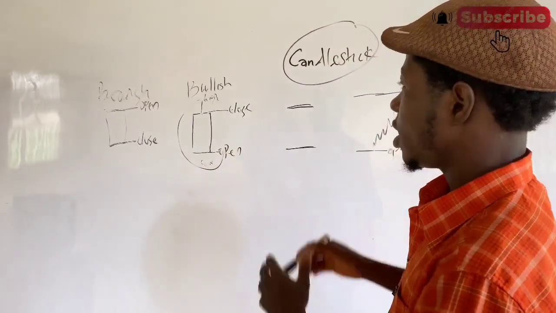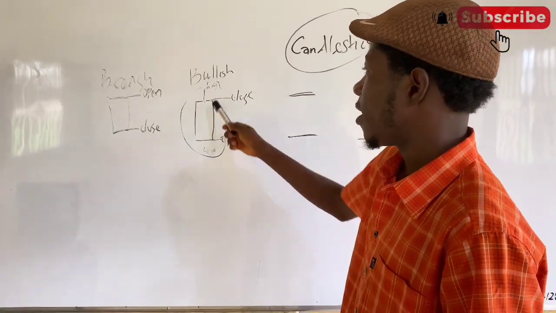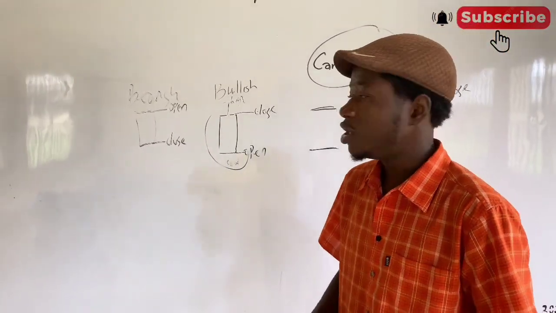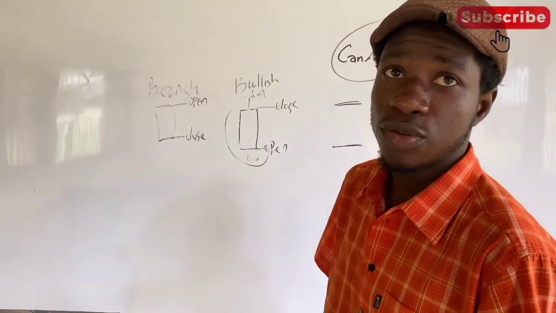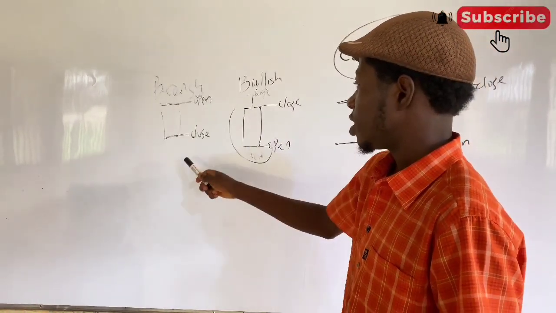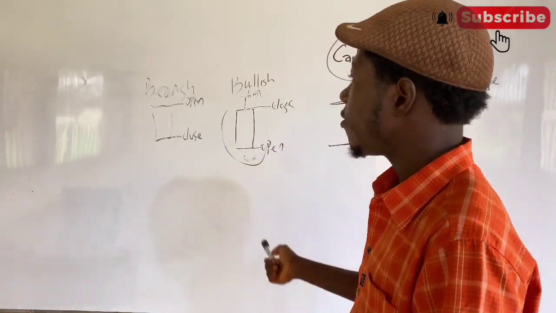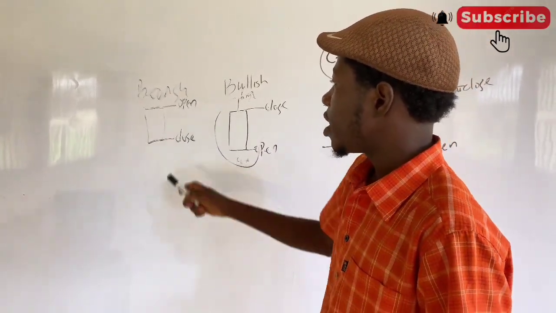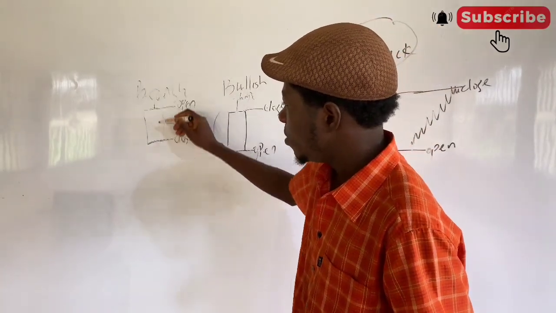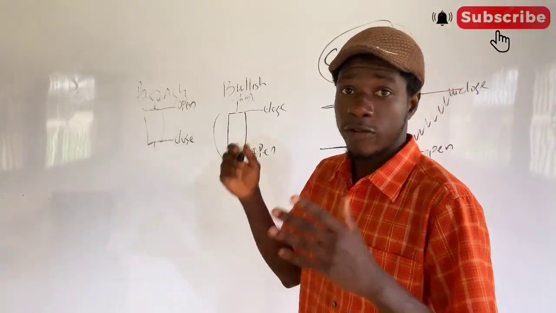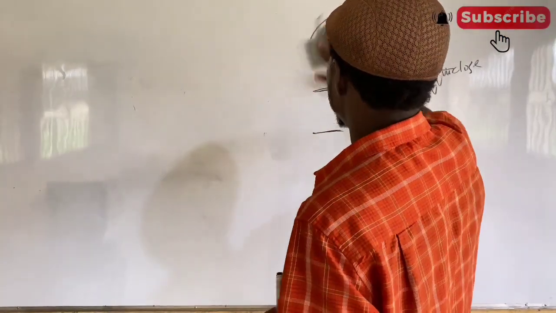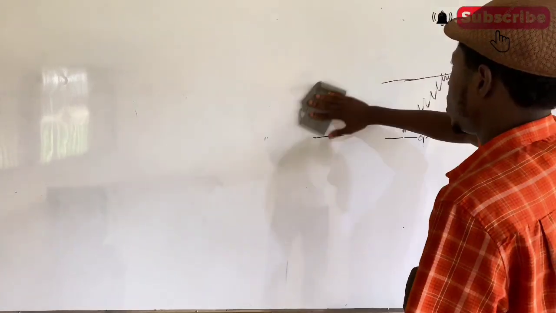Now you understand how to identify the high, low, open and close of a bullish candle, and the same is applicable to the bearish scenario. This is the open price and this is the close price. The wicks are considered to be the highs and the lows of different candlesticks.